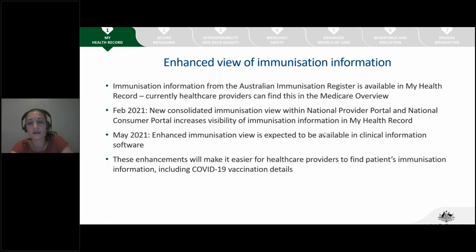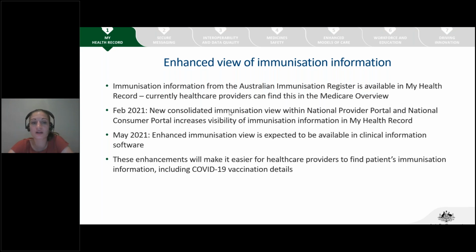So let's have a chat now about some of the latest enhancements that have been made recently to the My Health Record system, specifically for the purpose of accessing immunizations information. So as I said, at the moment, immunization information from the Australian Immunisation Register is available through the Medicare Overview section.